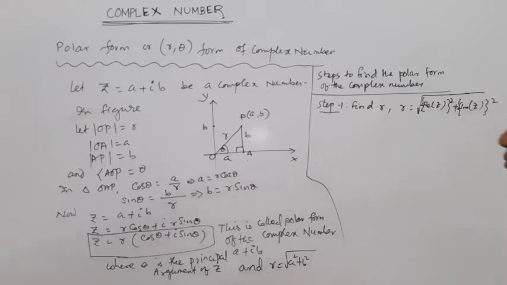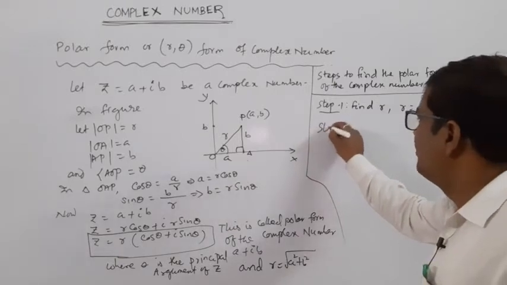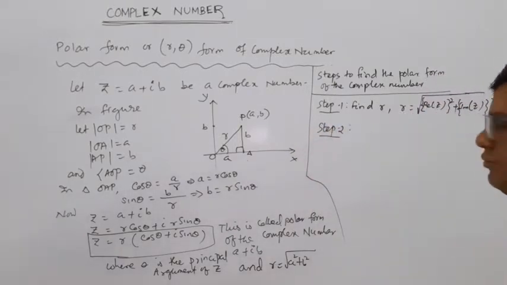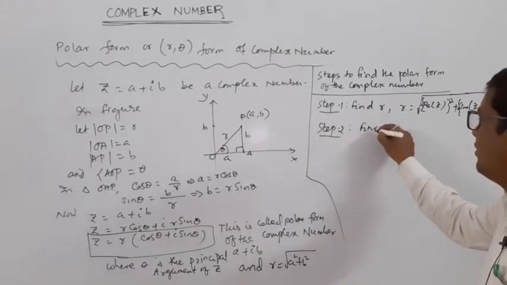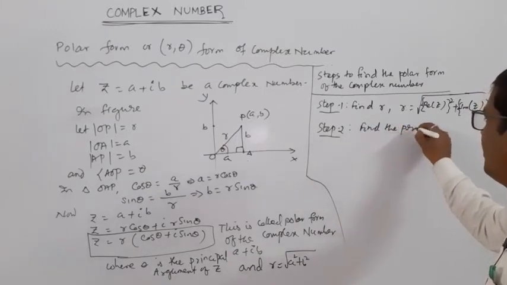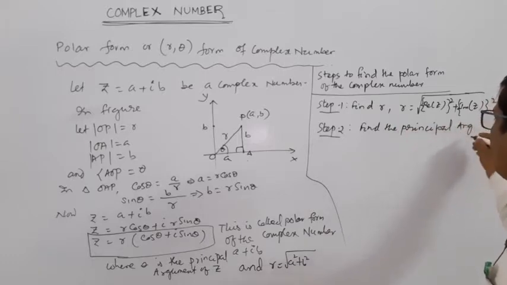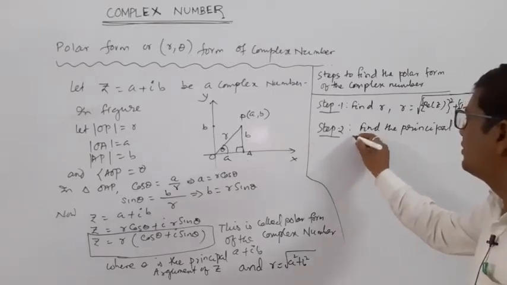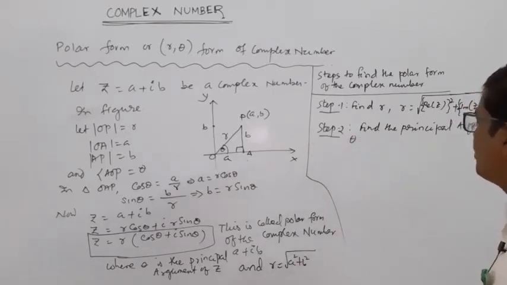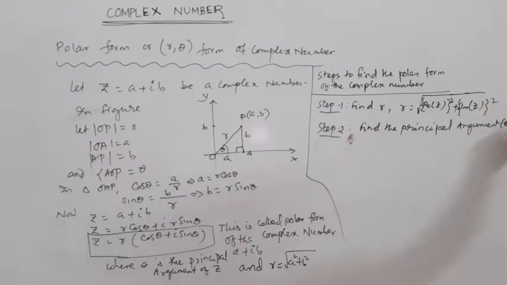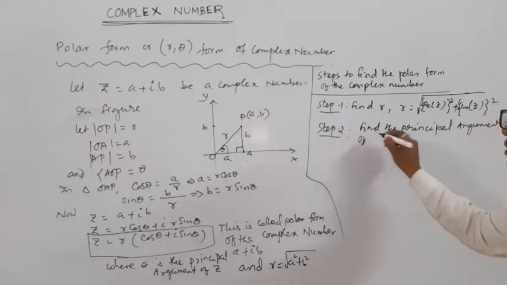Okay, now step to find theta. Step 2, find the principal argument theta of the complex number.